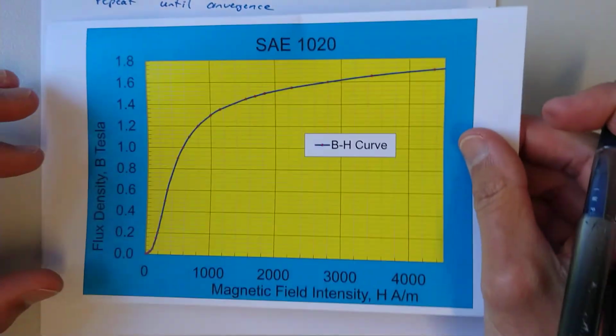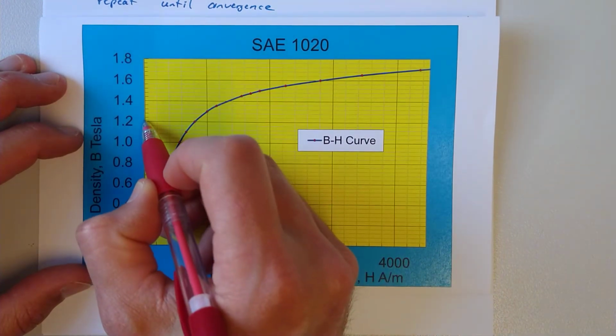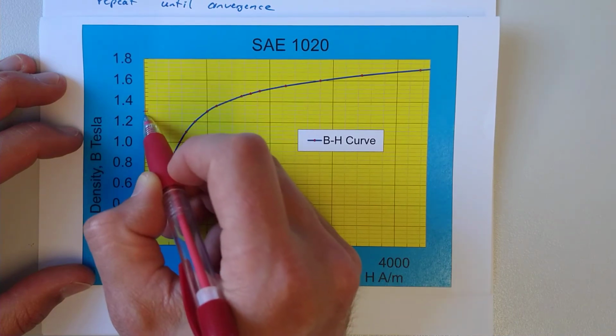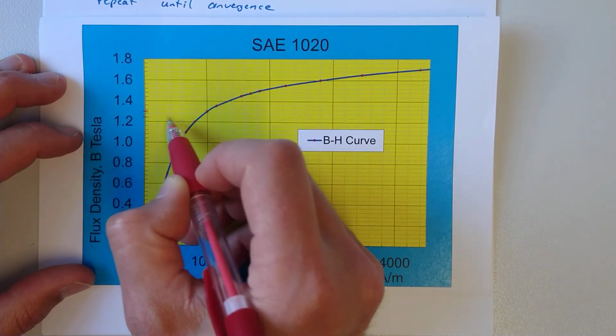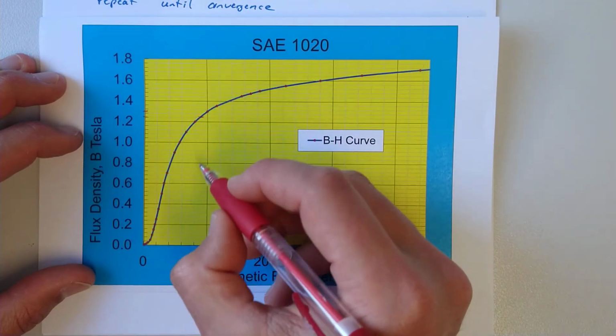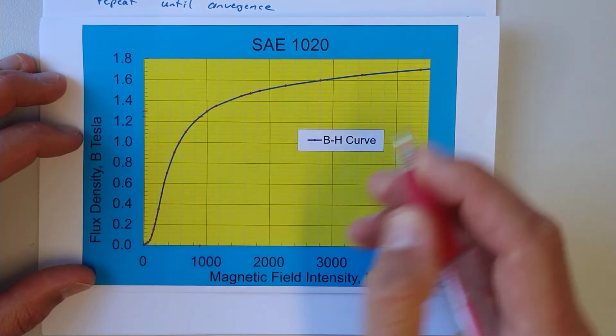So we'll look at our BH curve. 1.256 is about 1.3, so it's somewhere about there. 200, 400, 600, 800, 900.